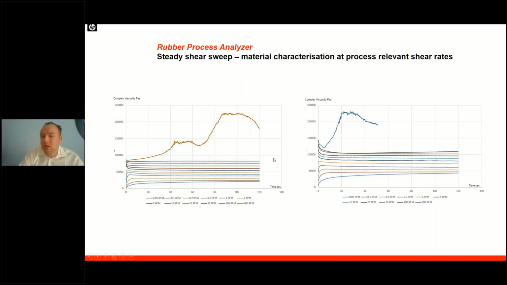First of all, we see a general decrease in modulus and viscosity on the left material, as well as a much lower heat degradation, whereas the picture on the right shows that the material at high shear rates above 100 RPM quickly degrades because of a much lower level of molecular weight distribution and long chain branching, causing a much quicker heat buildup and destruction of the sample.